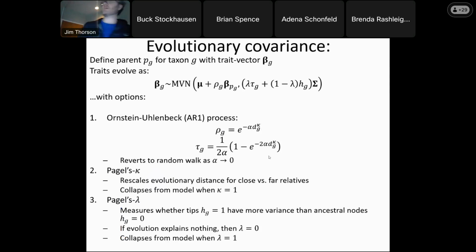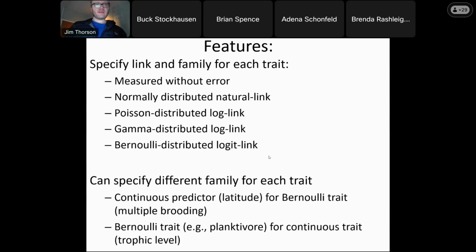There are a bunch of different evolutionary covariances that PCM uses. So there's a random walk or an Ornstein-Uhlenbeck, or these different transformations, Pagel's lambda or delta. They're all different transformations on this evolutionary relatedness. And yeah, you can do it with GLMs.